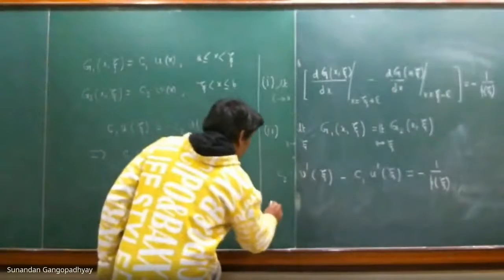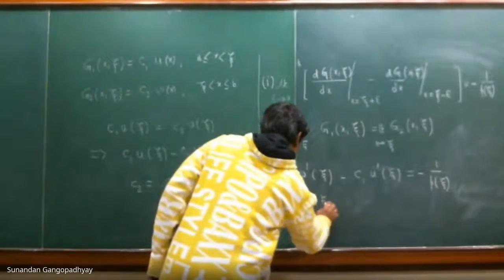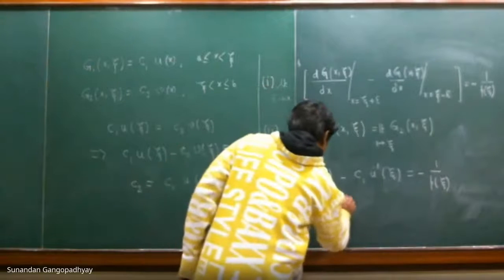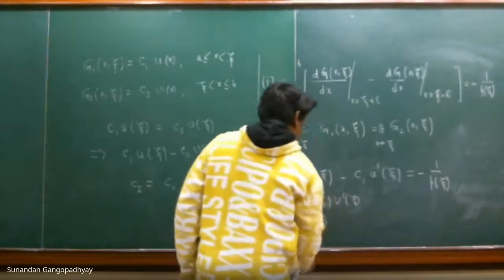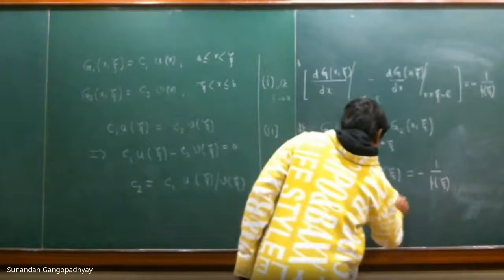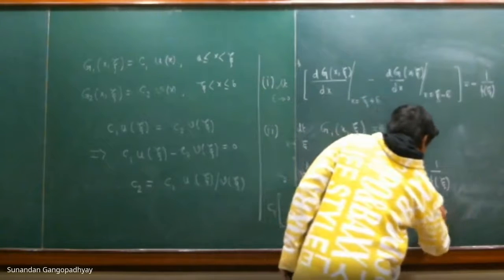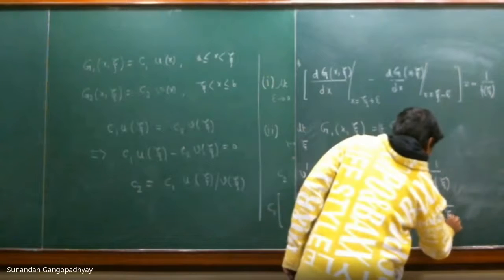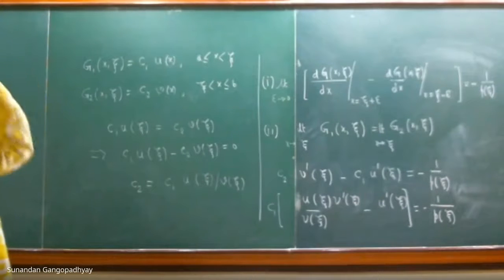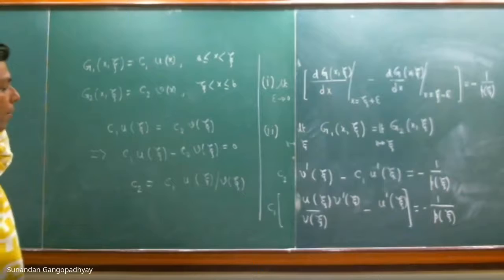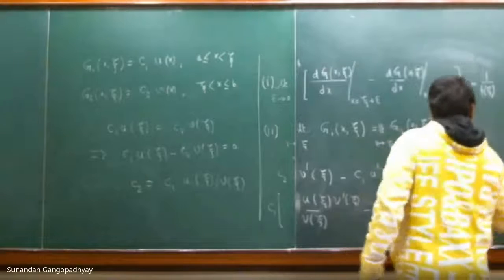If you substitute it here, then c1 will be common and you will have u xi v prime xi by v xi minus, okay, and then you can calculate what c1 is.